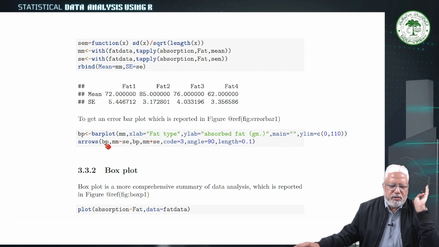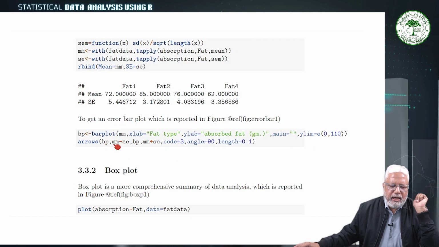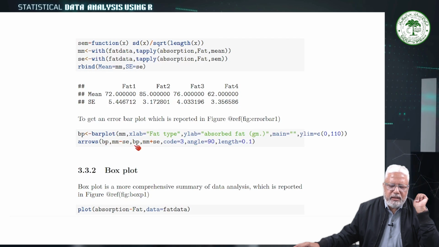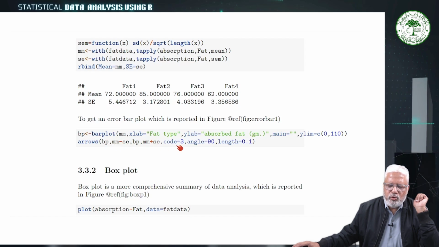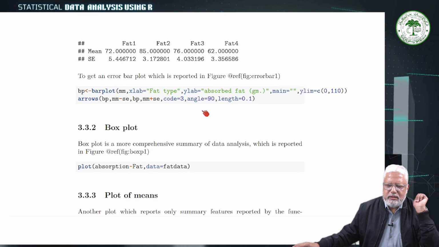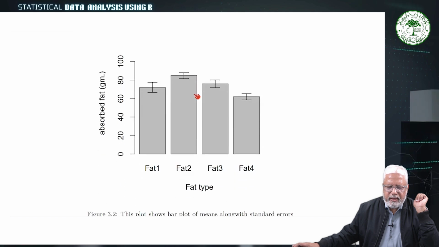Then we are adding arrows: bp minus sc, and then bp plus sc, code is equal to 3, angle is equal to 90, and length is equal to 0.9. So these commands give this plot.